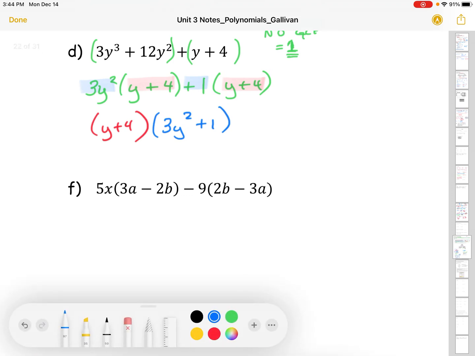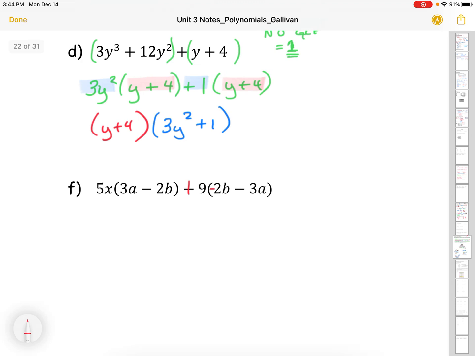So if I factor out a negative 1 from this bracket, I can change the signs. So what do I mean by that? Well, if I factor out a negative 1, so change this to positive, then this becomes negative 2b, and that becomes positive 3a. And then they're the same expression.